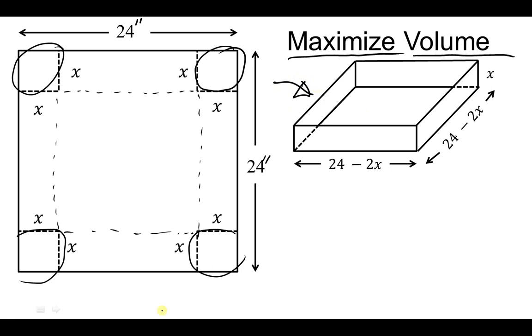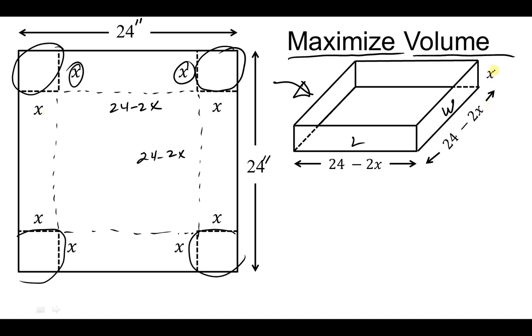And now the dimensions of the length and the width will be 24 minus 2x, 24 minus 2x, because we've taken x inches out of each corner.